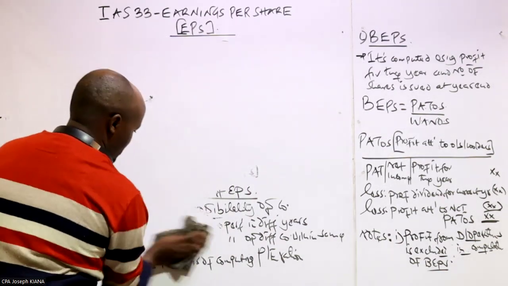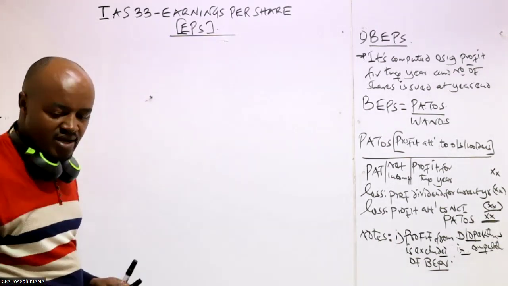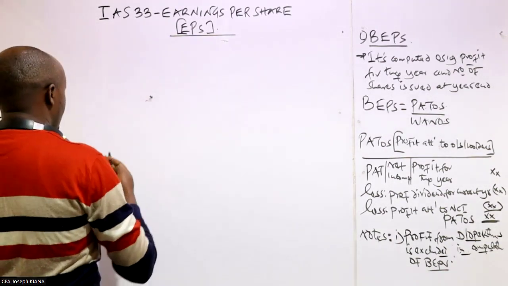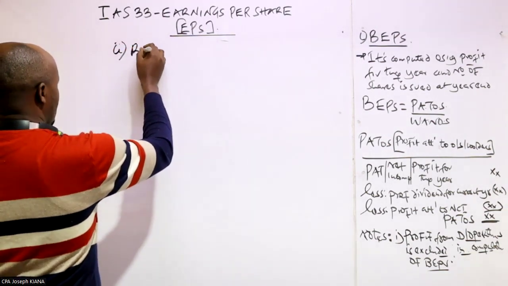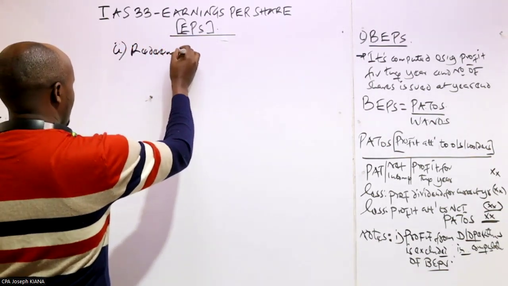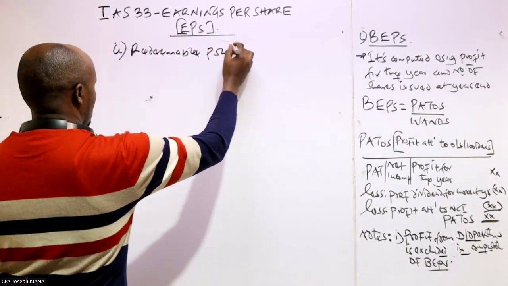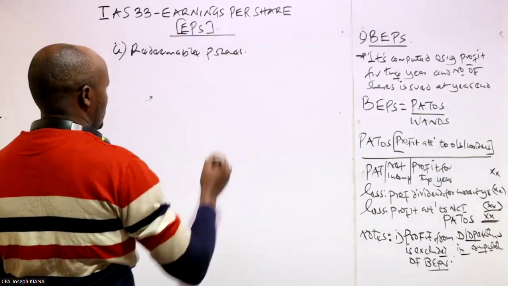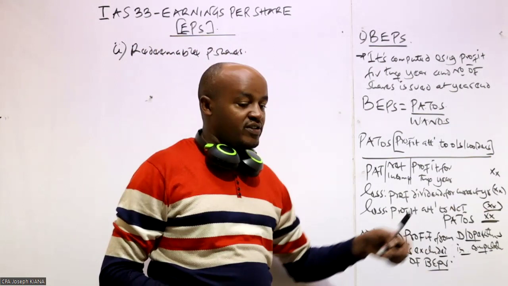Number two, there is still another important point here: in case the company has issued redeemable preference shares, the dividends for these shares are not supposed to be deducted from the profit for the year.